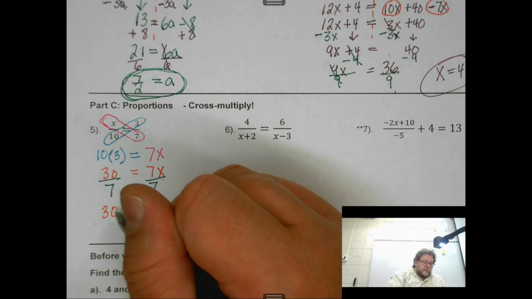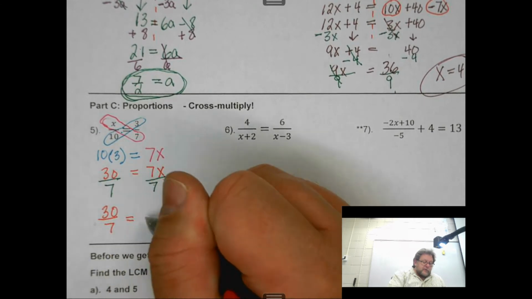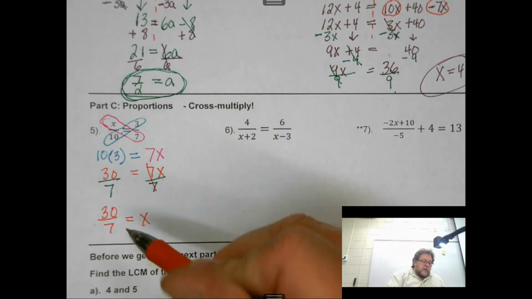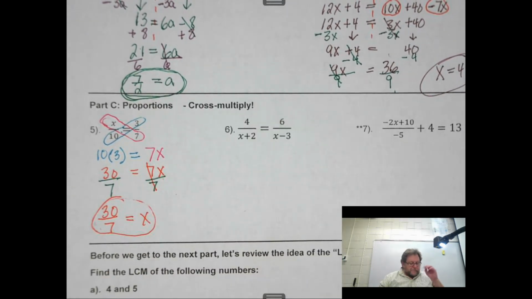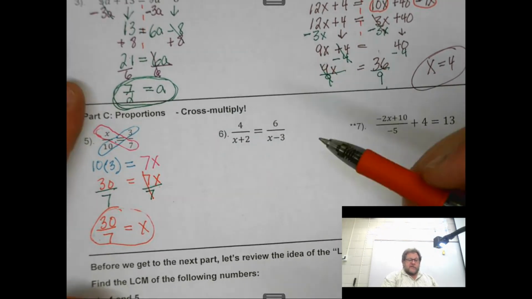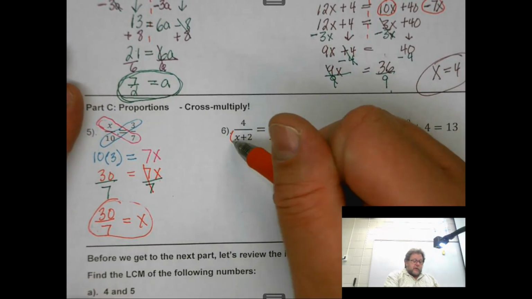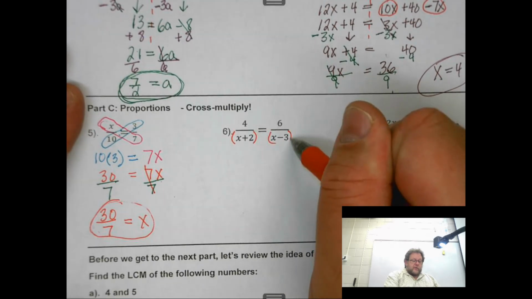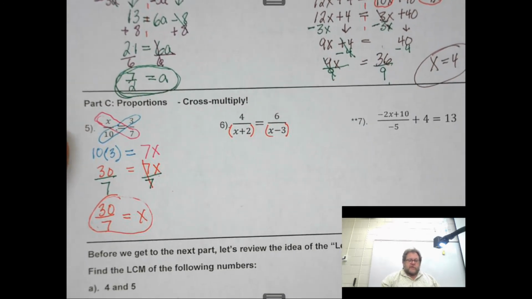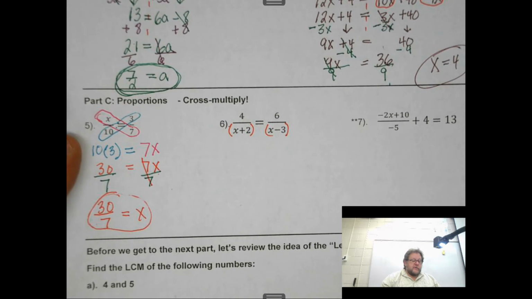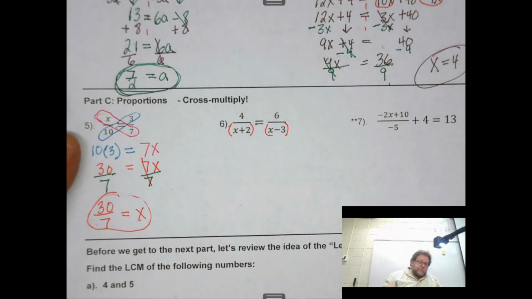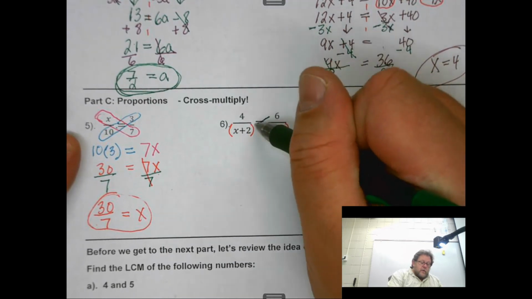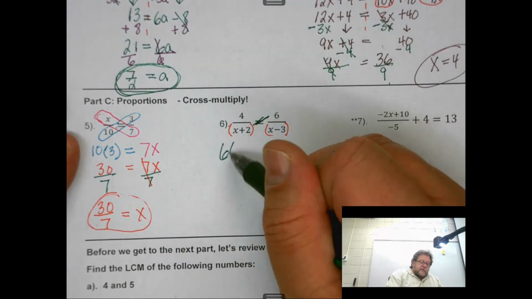Now, in number 6, I highly suggest you immediately put parentheses around two terms when you're solving, especially when you're solving proportions. Because what's going to happen when you cross multiply 6 times x plus 2, many students won't multiply or distribute that 6 to the 2.